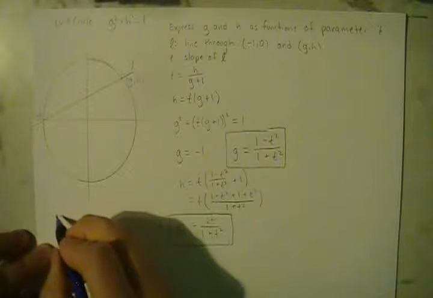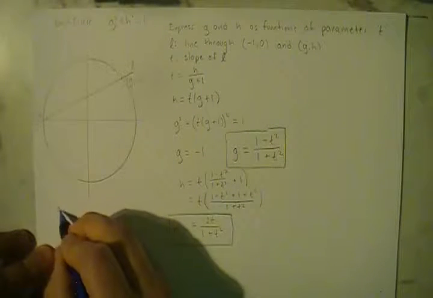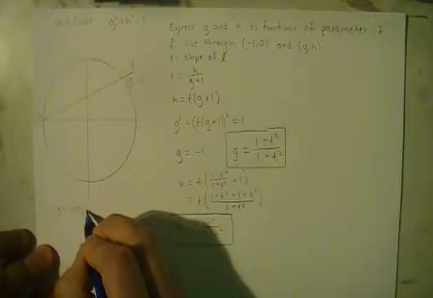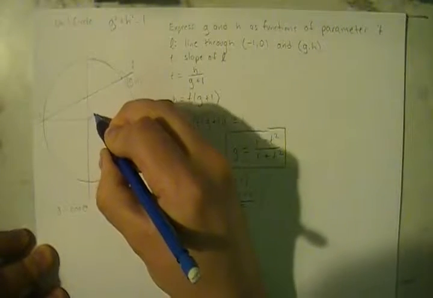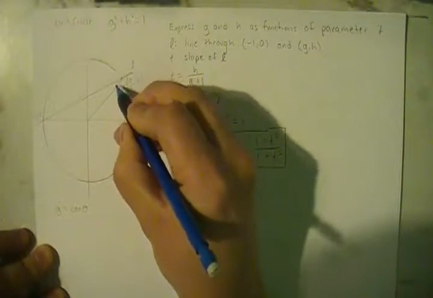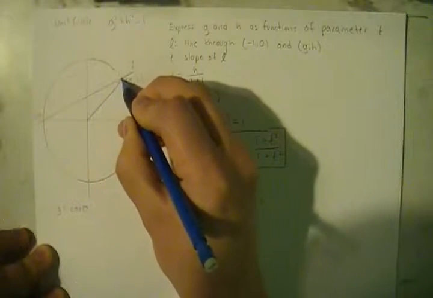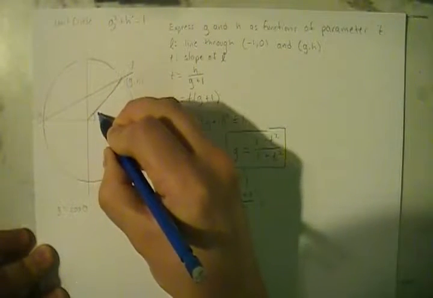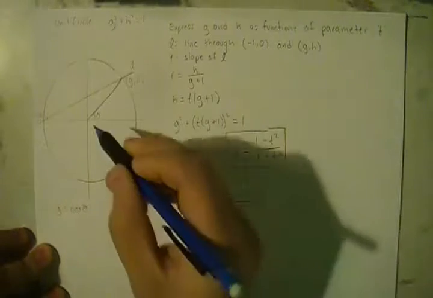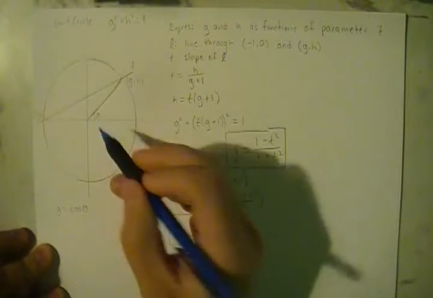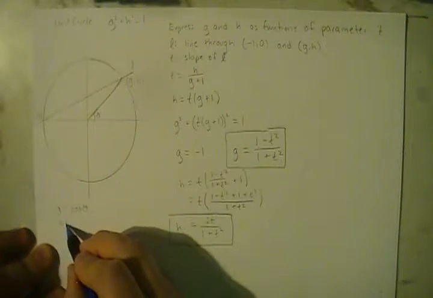Alright, and another thing to note is that g is the cosine of theta, theta being that degree value or arc value.